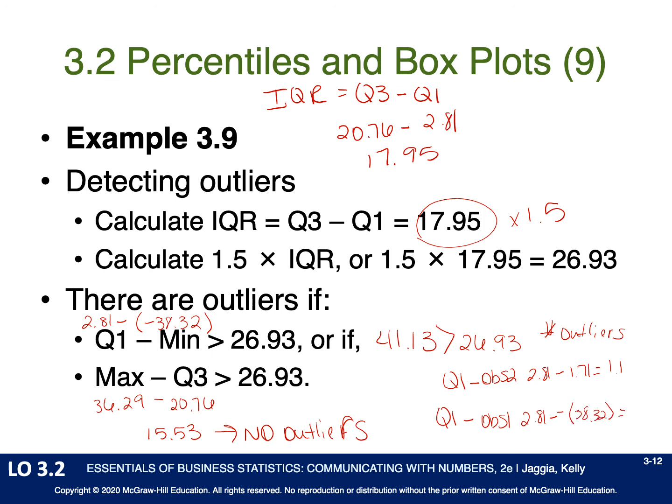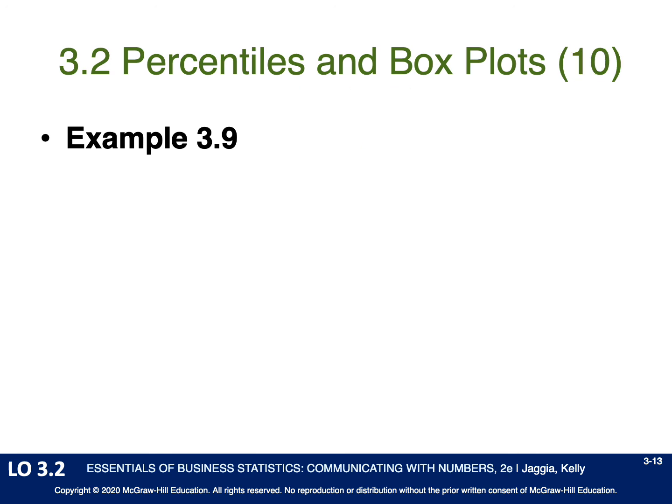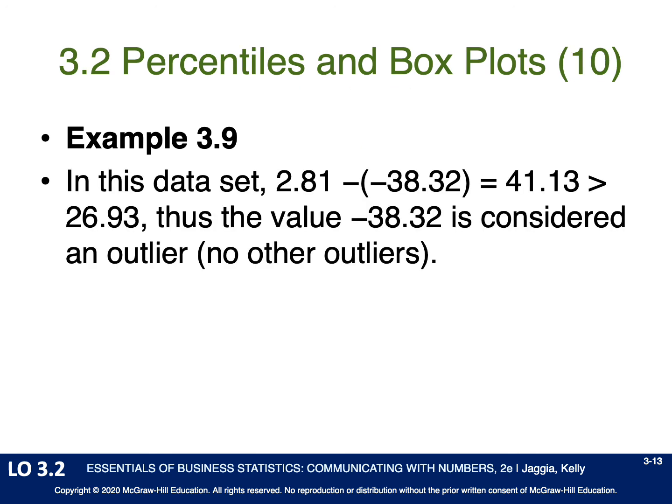Since that is 41.13, observation 1 is the outlier. It's possible to have more than one outlier, which is why we checked observation 2 as well. Observation 2 was good because it was within that 26.93, the interquartile range times 1.5. But the 38.32 is considered the outlier.